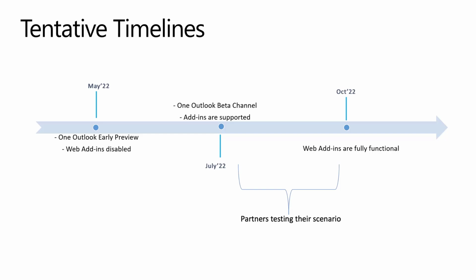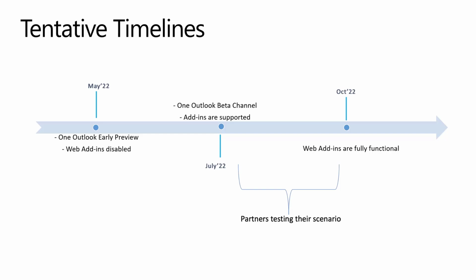Now, the other thing that I want to stress to our community is that COM add-ins will not work on One Outlook. So the extensibility technology that you should use in that environment is web add-ins, and the team is currently working on a plan to establish and unblock the most common scenarios for Outlook add-ins.